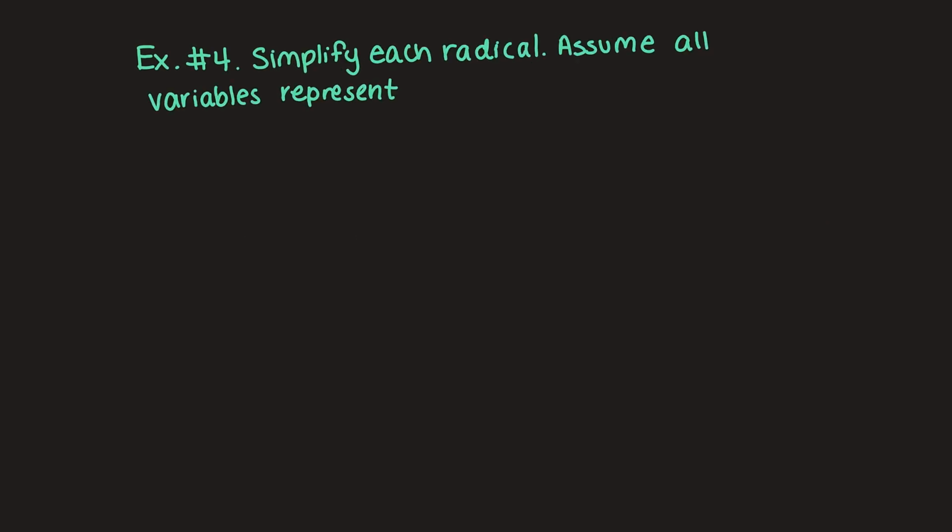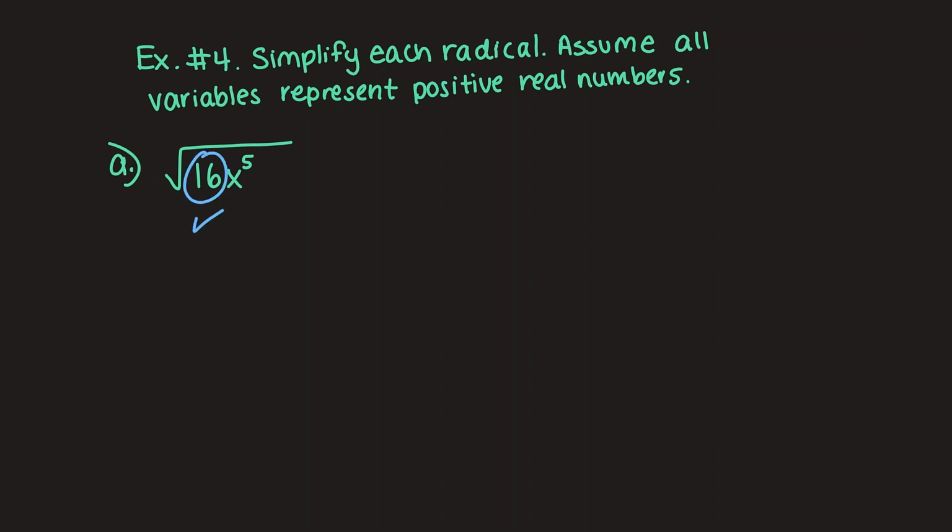Okay, let's try a few examples. To simplify the square root of 16x to the 5th, notice how 16 is already a perfect square. However, x to the 5th is not, so we can rewrite this as x to the 4th times x to the 1st, so that one of its factors has an even exponent.